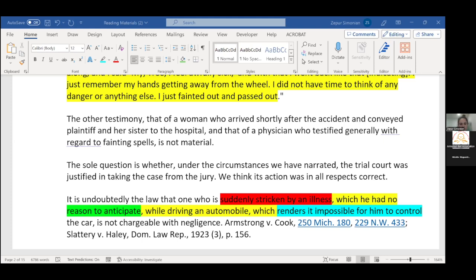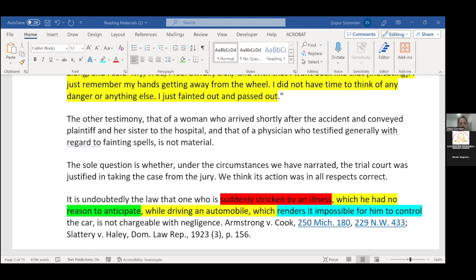So the rule: a voluntary act is one where a person does not have prior knowledge of an illness and has control over his or her actions.